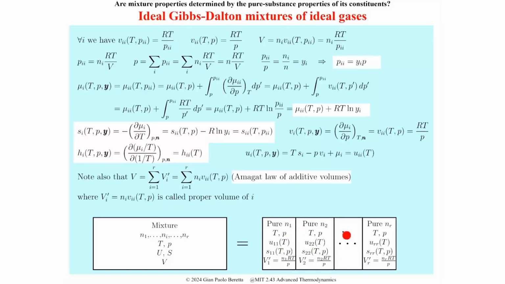And I do the same for all of them. So they are all squeezed at the same pressure of the mixture. Well, it turns out that the sum of these volumes is equal to the volume of the mixture. And that is Amagat's law of additive volumes.